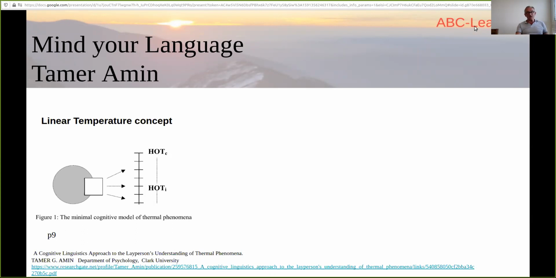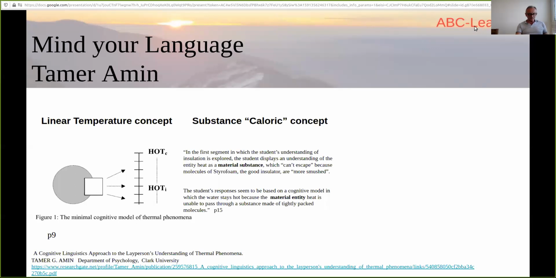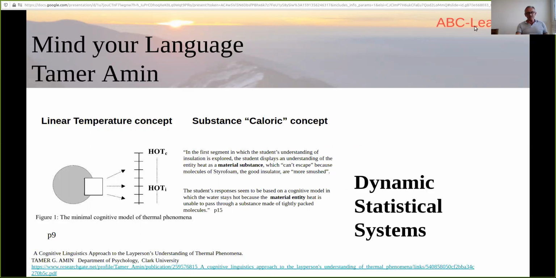It overlapped so much with what he found, by looking at transcripts of student discussion: this linear temperature concept at an early level, and then the substance idea, and then a few students at the end of secondary education moving much more to a dynamic and statistical systems approach.